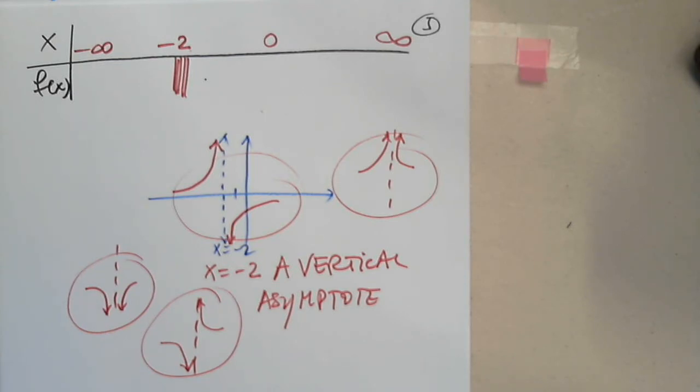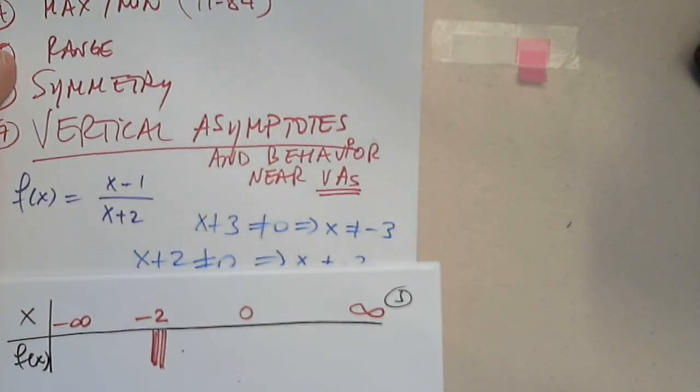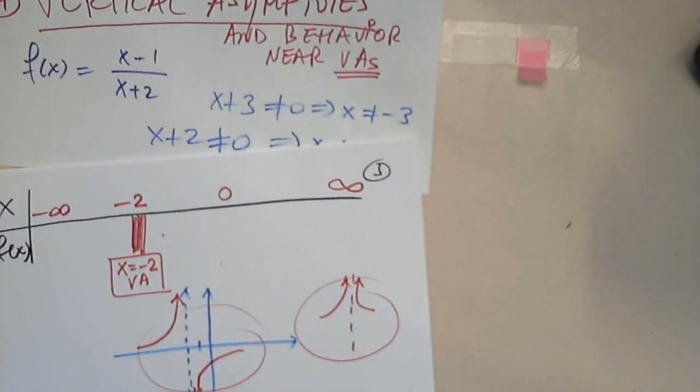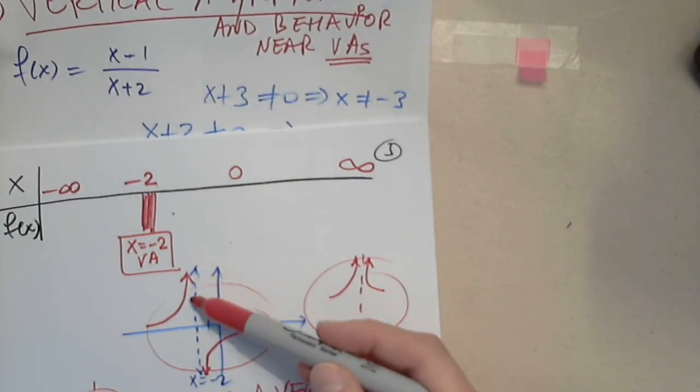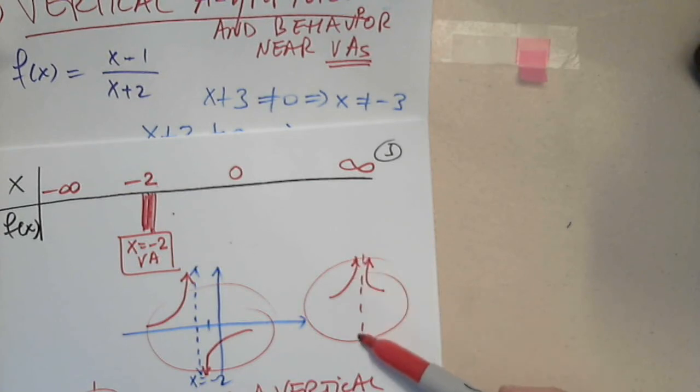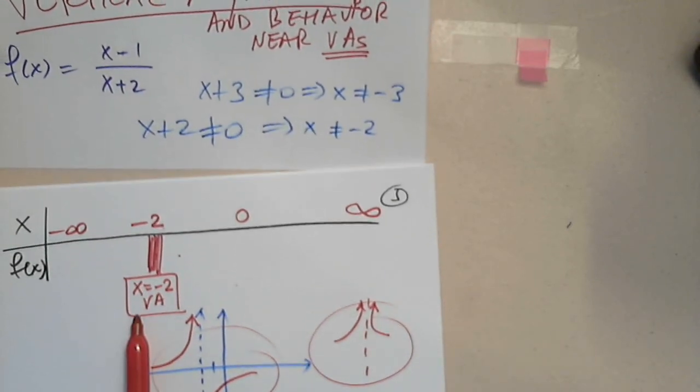We will determine this very shortly. But for now, I will say the function is undefined at negative 2, and right underneath this, I will write that x equals negative 2 is a vertical asymptote, which means when I end up graphing the function, I will have this line that the function will not cross, and that is a vertical asymptote.